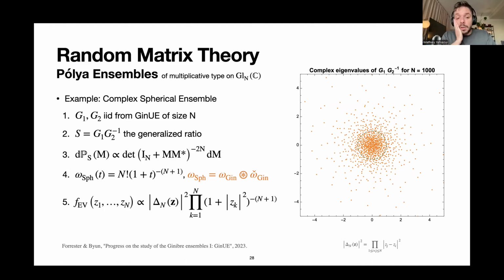And again, you can compute directly the joint probability density for eigenvalues, and you see it also has that nice structure where you get the modulus squared of a Vandermonde determinant times a product of the polar weight at certain points. So it's very nice to handle, this kind of ensemble.